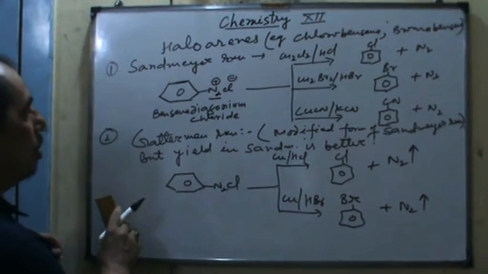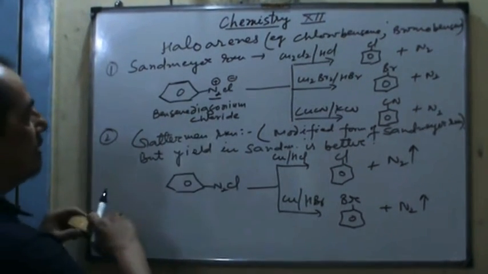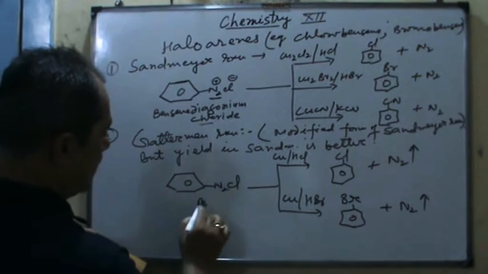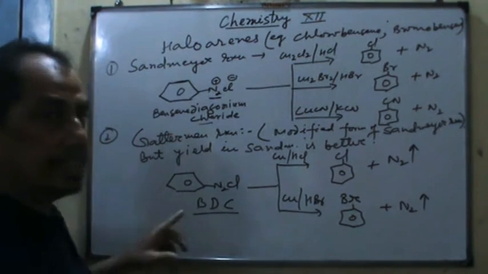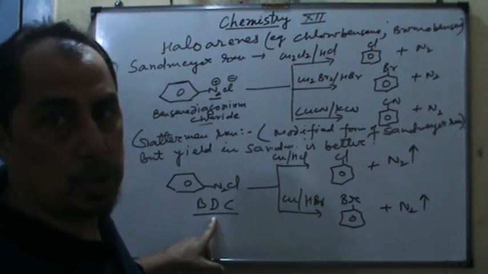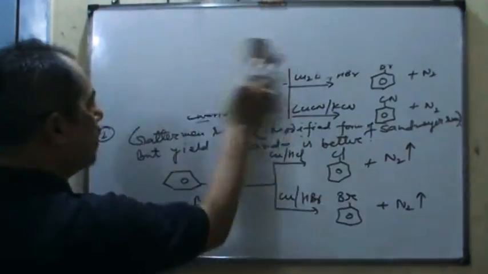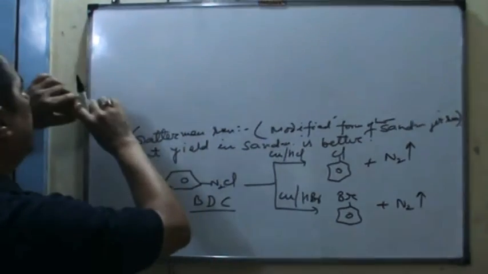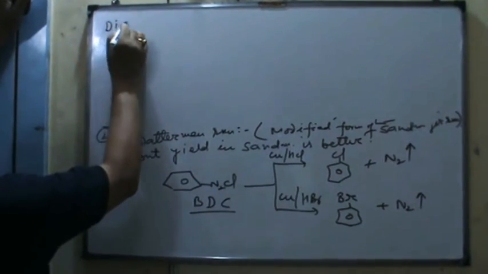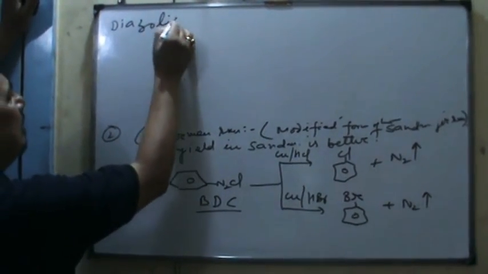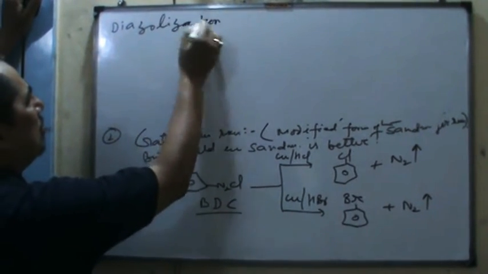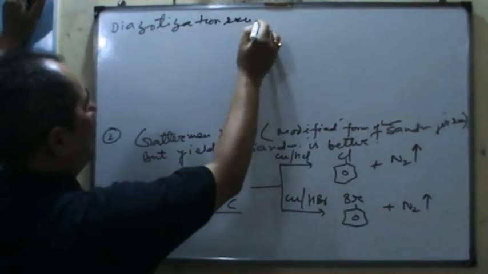But the question is, how do we get benzene diazonium chloride? It is again BDC, that is actually benzene diazonium chloride. There is one reaction with the help of which we can prepare it, that is the diazotization reaction.